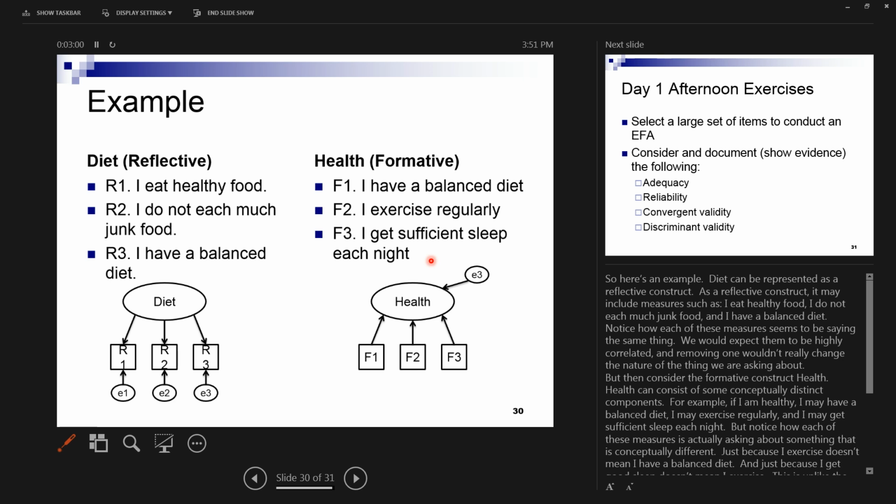They're just different dimensions of this thing. If I do them all, I'm probably very healthy. Now, an EFA expects items to correlate. It's built off of the covariance matrix, which is like correlations if you square them. So can you include formative factors in an exploratory factor analysis? No, not effectively. You can't. So what do we do?